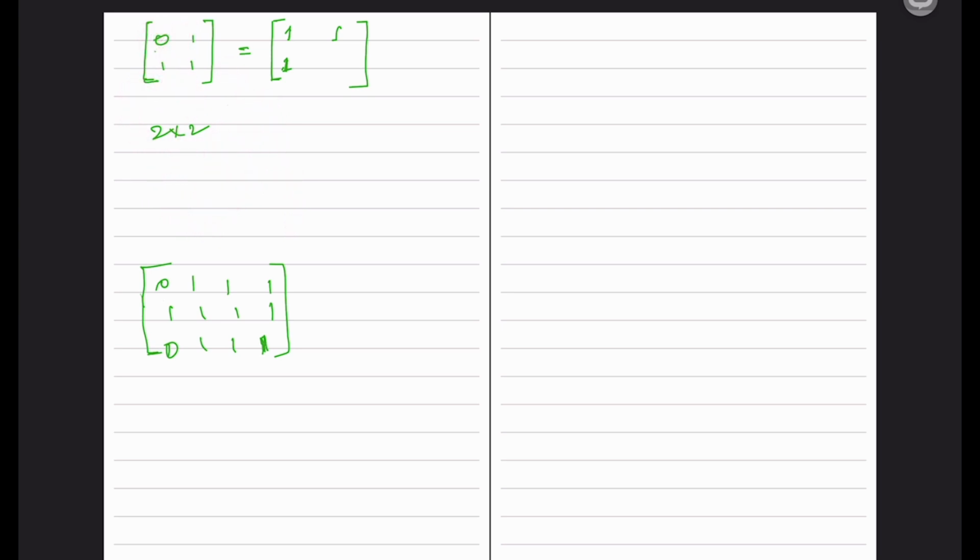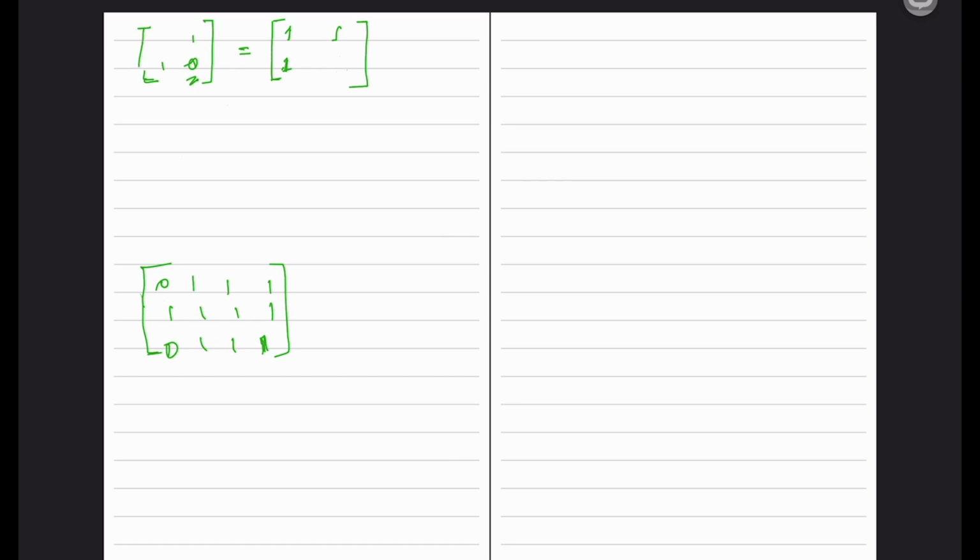In this case, if it is 0, what will be our answer? 0 plus 1 will be 1, provided the current value is 1. If the current value itself is 0, it won't contribute anything; you just add the corresponding matrix value. Got it?